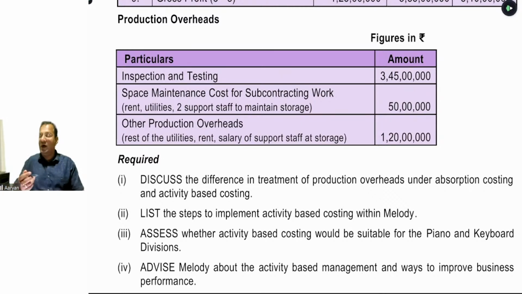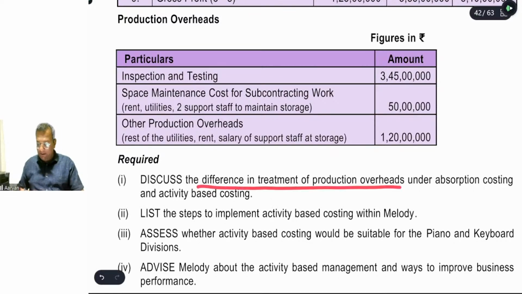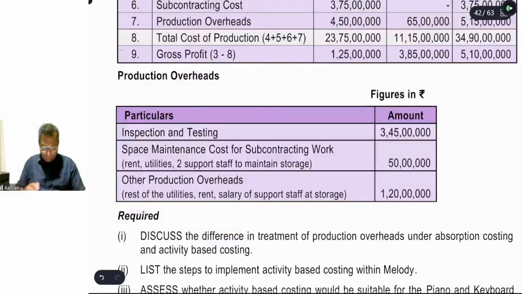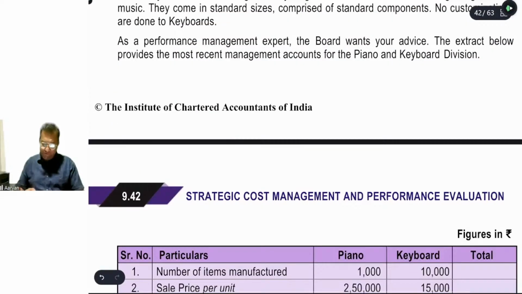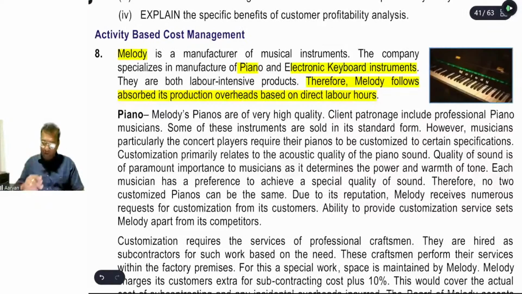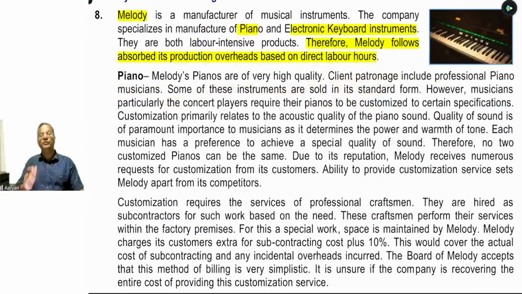So what they require from us, they require to discuss the difference in treatment of production overhead under absorption costing and activity based costing. है ना? तो आप मुझे ये बताइए बेटा. चलिए एक काम करें ना बेटा, एक बार जल्दी से, आई एम गिविंग यू 3 minutes ऑफ टाइम, जस्ट रीड आउट द क्वेश्चन वंस अगेन, देन यू कैन आंसर विद कॉन्फिडेंस दैट वेदर द रिक्वायरमेंट पार्ट इंटरप्रिटेशन इज दैट वे और दैट वे. है ना? तो बहुत जरूरी है, एक बार आप क्वेश्चन वापस से रीड आउट कर लीजिए. उसके बाद जब मैं क्वेश्चन आपसे पूछूंगा रिगार्डिंग द रिक्वायरमेंट पार्ट, देन यू फील मोर कॉन्फिडेंट to provide me the answer. है ना?